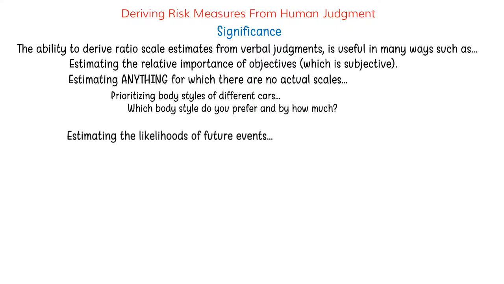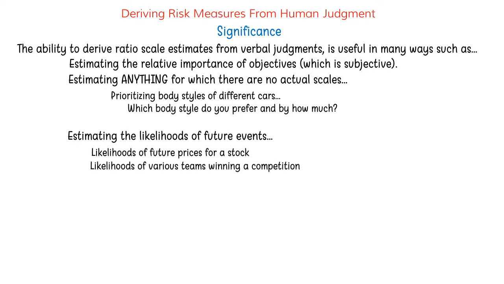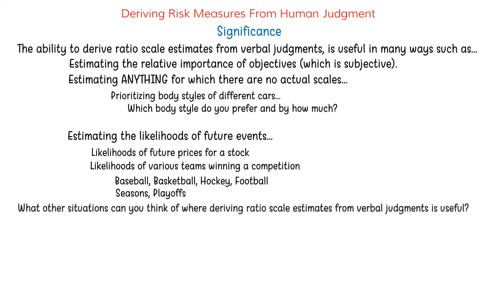Estimating the likelihoods of future events, likelihoods of future prices for a stock, likelihoods of various teams winning a competition. Baseball, basketball, hockey, football. Seasons. Playoffs. What other situations can you think of where deriving ratio scale estimates from verbal judgments is useful?